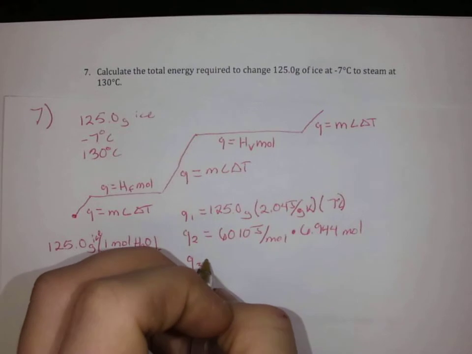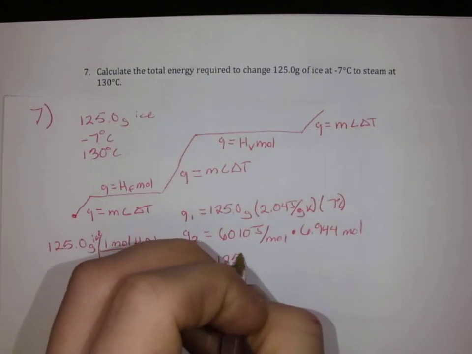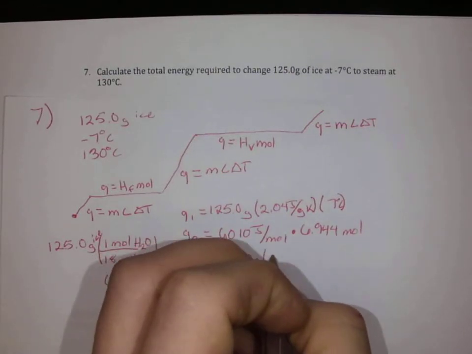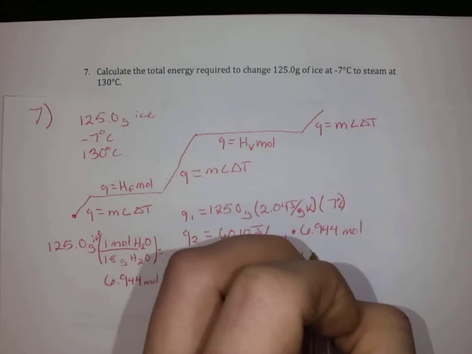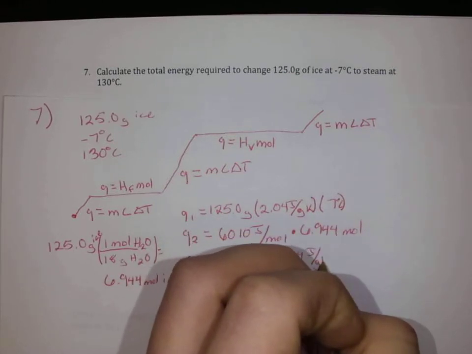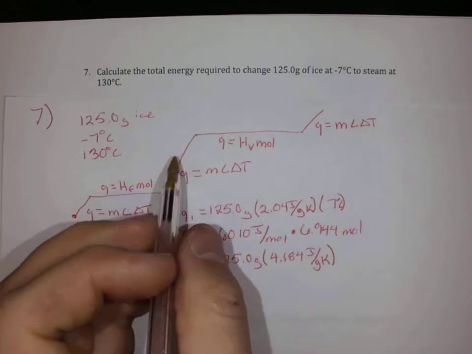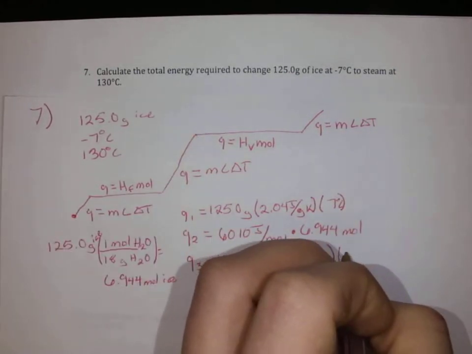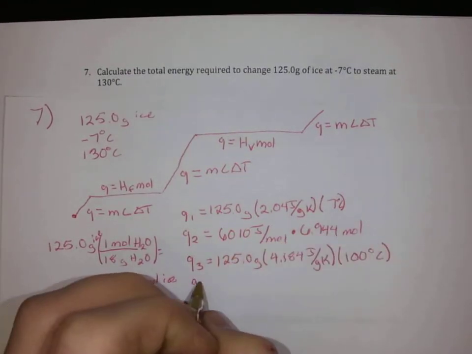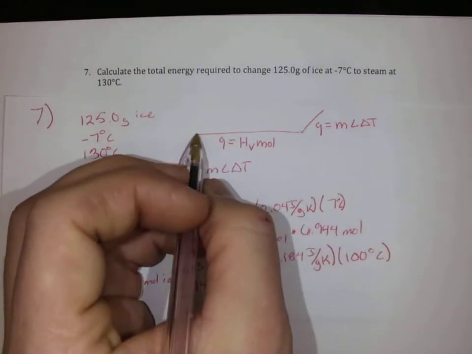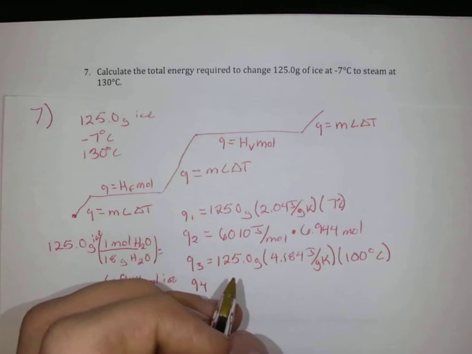Then we've got Q3. Our mass again, 125 grams, times 4.184. That's our specific heat for liquid water. And we're going from 0 to 100, so that's going to be 100 degrees C. Then we've got Q4, now we're going from our liquid to our gas.